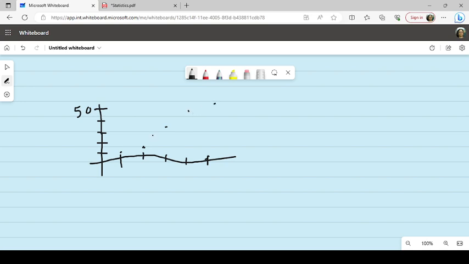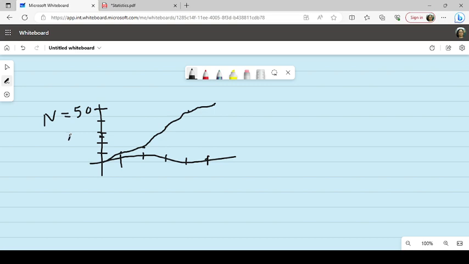Now you make a freehand curve. So from 0, this is the curve, a freehand curve we are drawing. Now n is 50, we find n by 2. N by 2 is 25, so 25 is here.